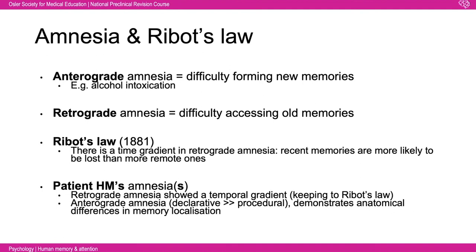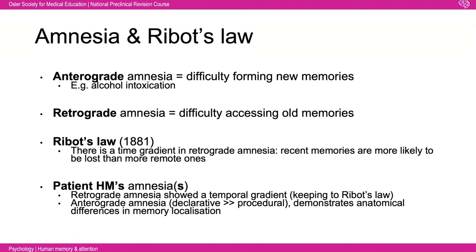Whereas retrograde amnesia is difficulty remembering things that have already happened, i.e. difficulty accessing old memories. Again, mentioned on your syllabus, there is Ribot's law, which says that there's a time gradient in retrograde amnesia: recent memories are more likely to be lost than more remote memories.